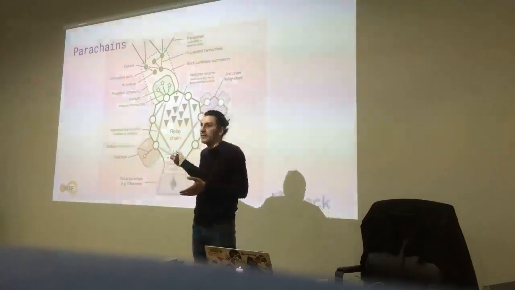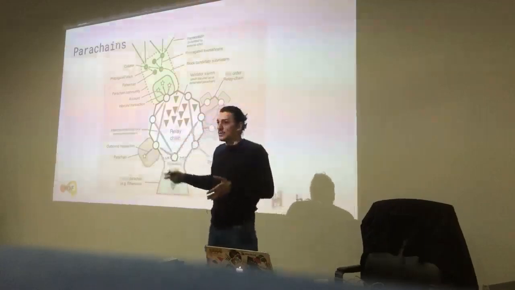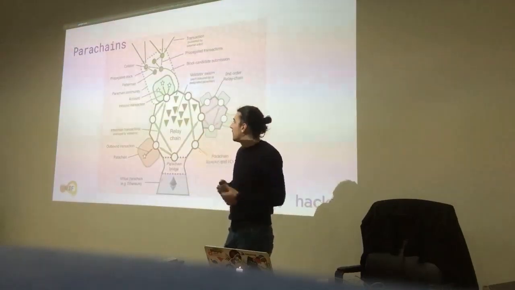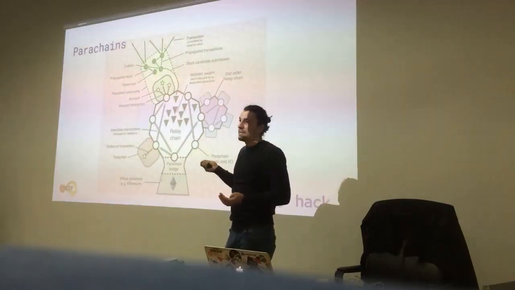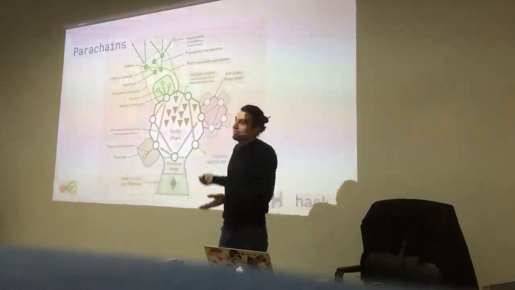So you don't rely on the relay chain for the whole consensus and stuff like this. But you can also use the pros that it's providing for you, like the messaging and whatever you decide to use.